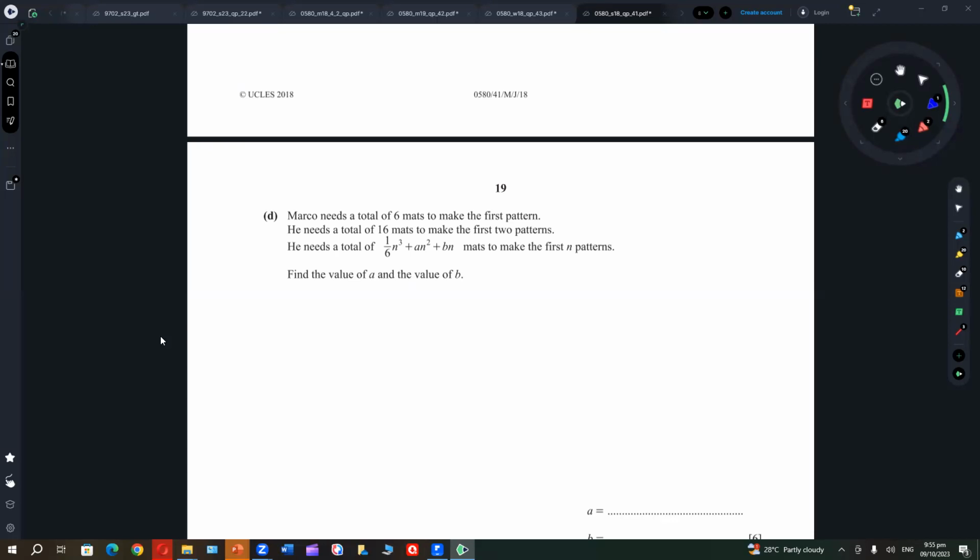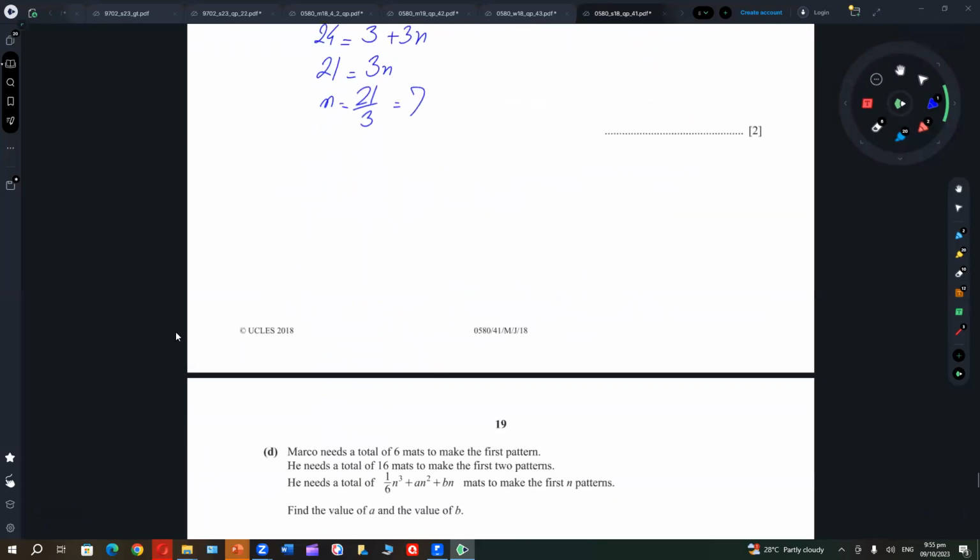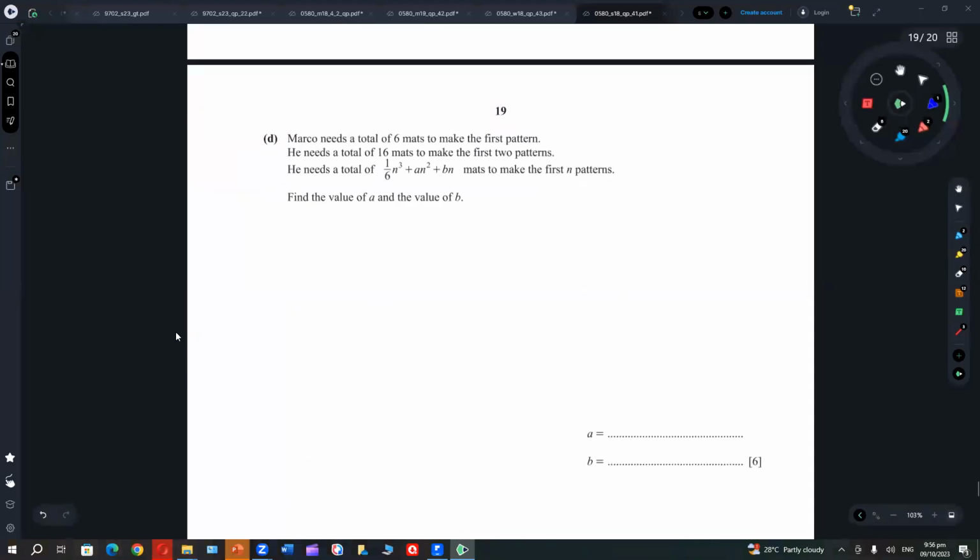So total of 6 mats. So I put n. This is the total number of mats. This is the formula for total number of mats is equal to 1 upon 6 n cube plus a n square plus bn.